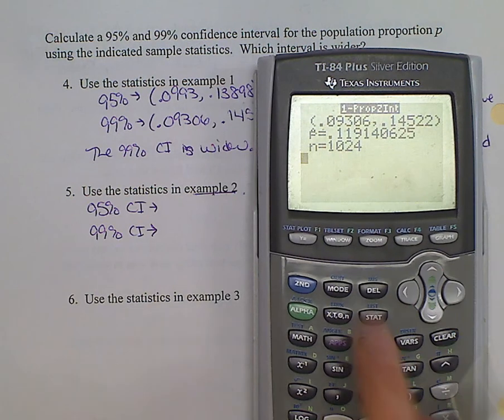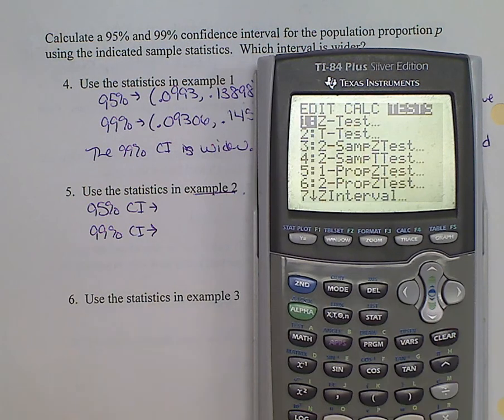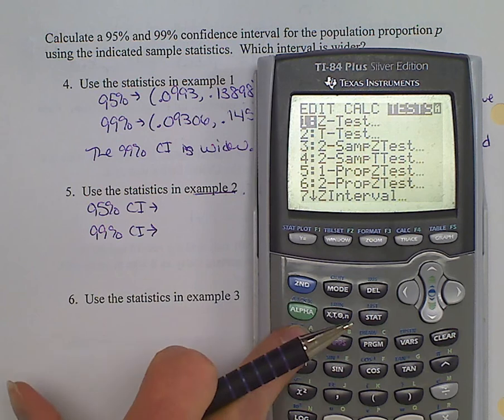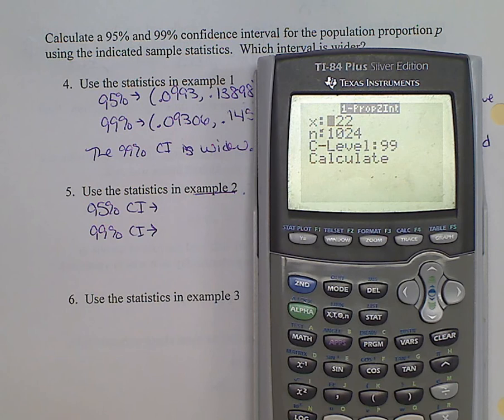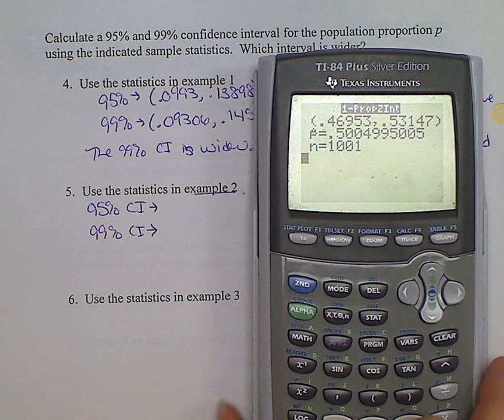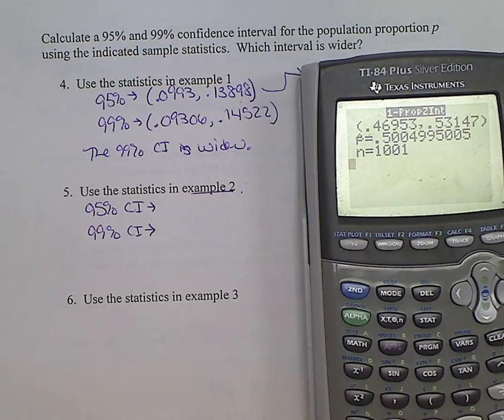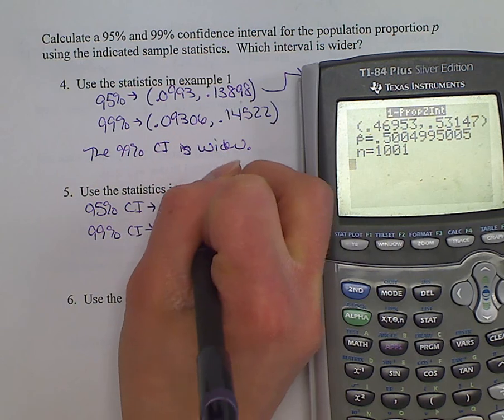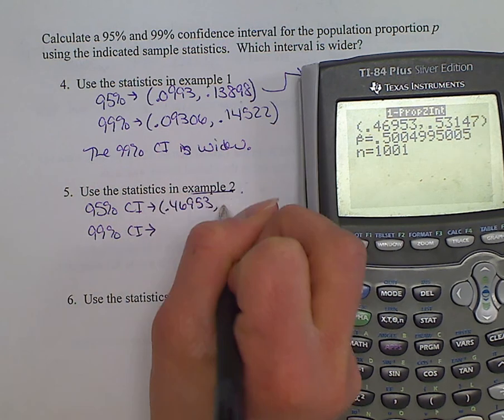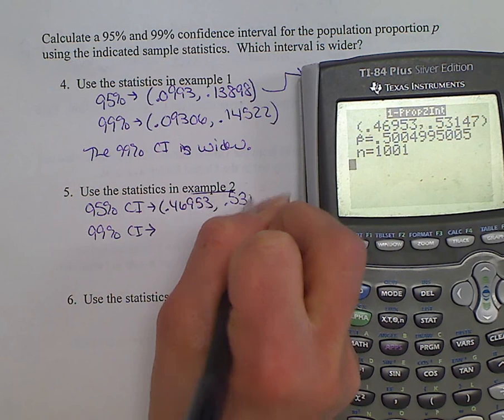So we're calculating for proportion. I'm going to hit alpha A in my tests. It brings me to my one proportion Z interval. We have 501 was our number of successes out of 1001. We want a 95% confidence interval. I hit calculate. So we get 0.46953 to 0.53147.